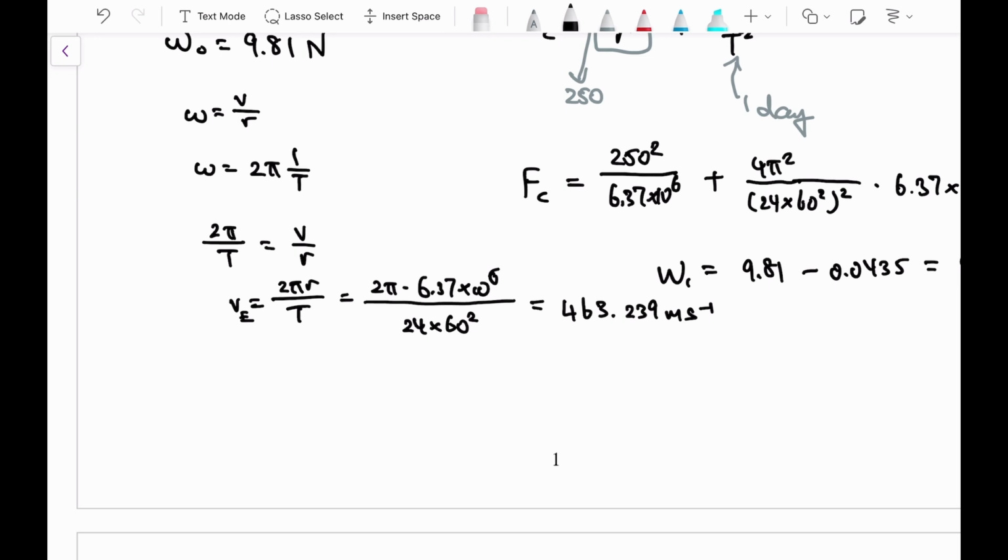Okay, so FC will be equal to v squared over r. Now v squared will be essentially 463.239 minus 250, squared, over the radius of Earth, which is this.